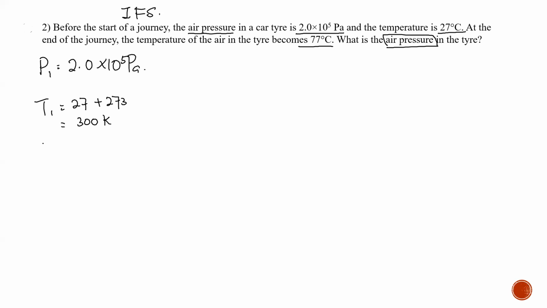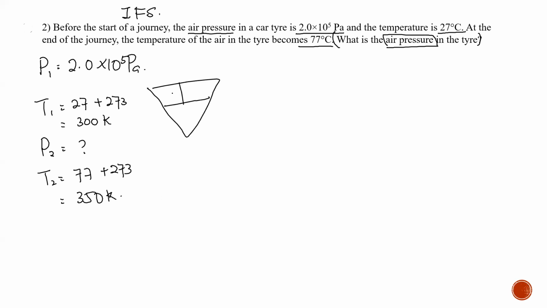Next, P2, we don't know what it is, but we know T2 is 77, so plus 273 will be 350 Kelvin. So now, what is the law?